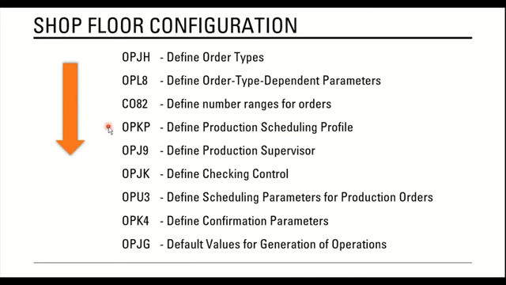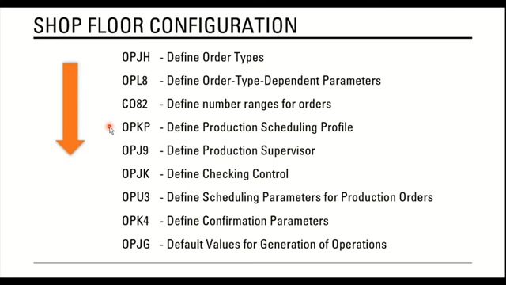After that, we have the production scheduling profile. This helps us default the production order types or rework order types based on the scenario, like make to stock, make to order or a rework scenario.